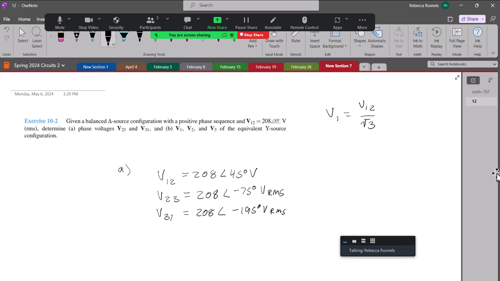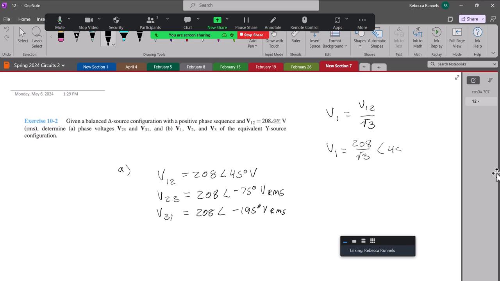So here we'll have V1. The magnitude is going to be 208 divided by the square root of 3. And then our angle is going to be 30 degrees less than our angle on V12.